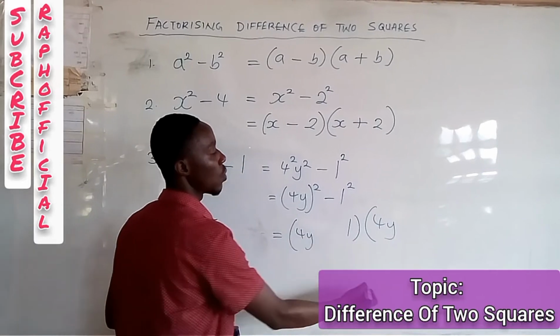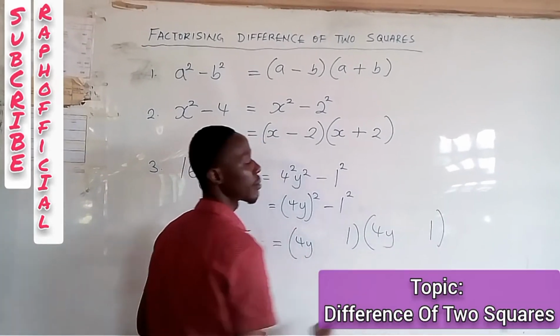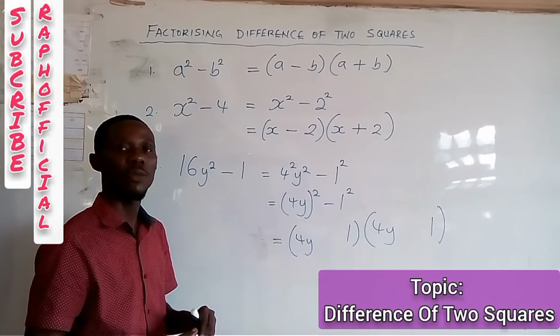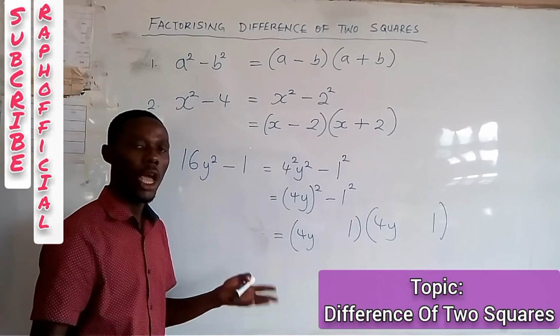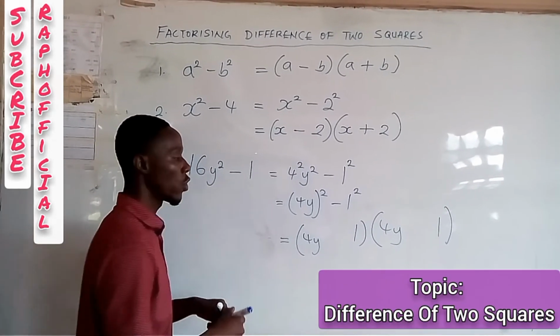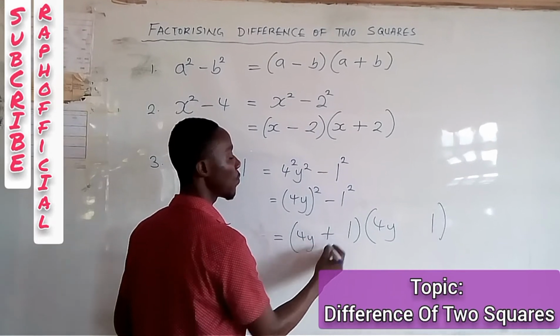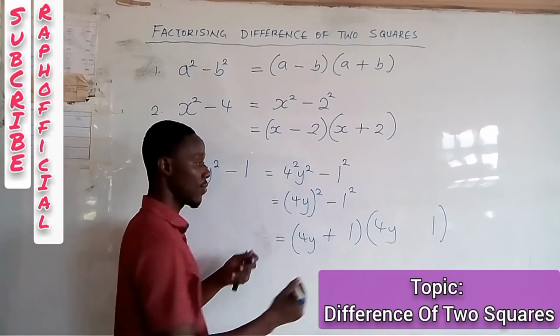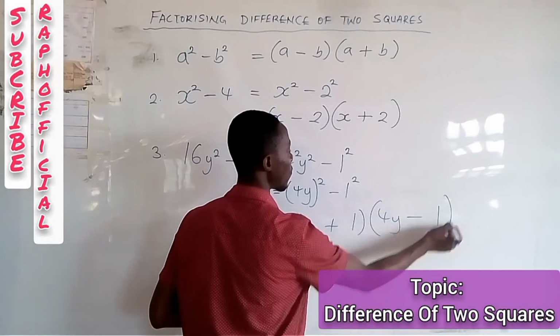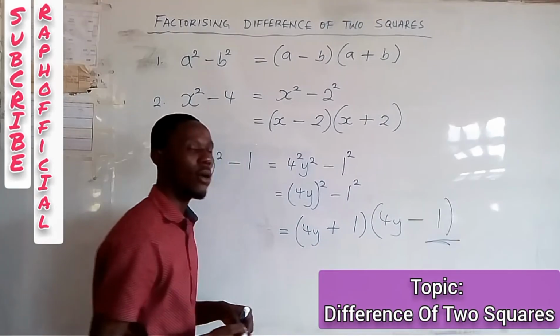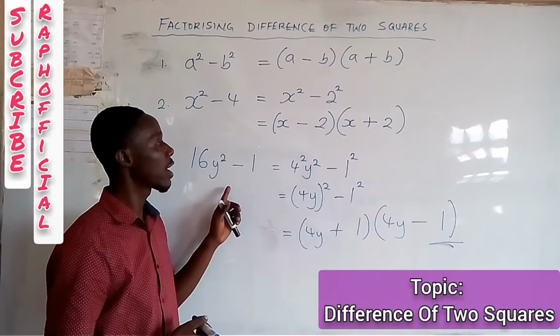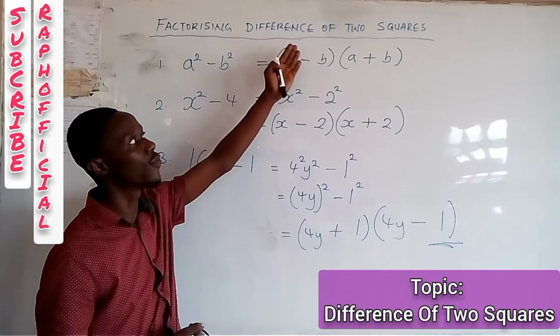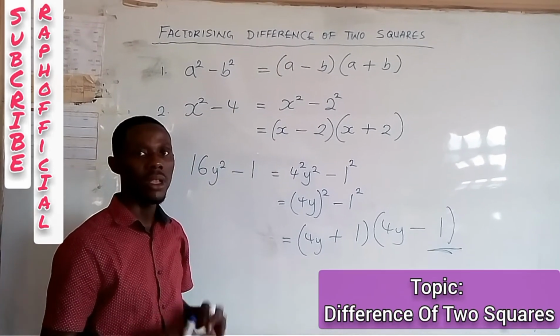So 1 will multiply another 1. Now, let's break the difference between them, a positive and a negative. So we have a positive, then a negative. So this is how we can also factorize difference of 2 squares in this example.